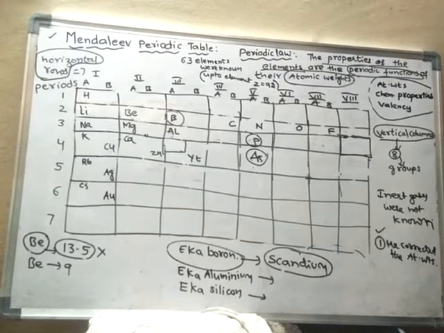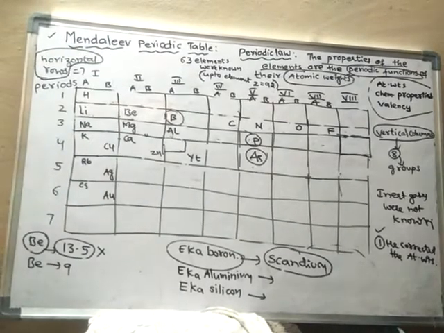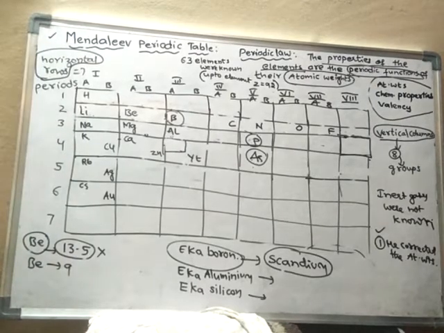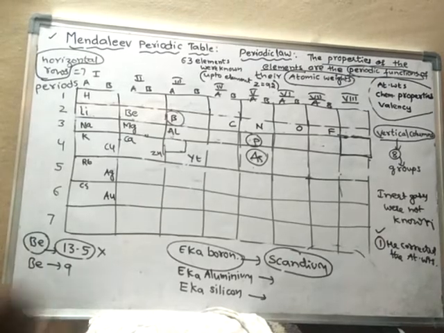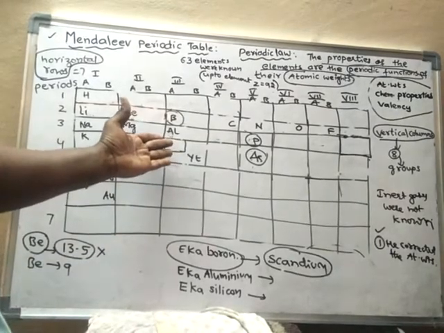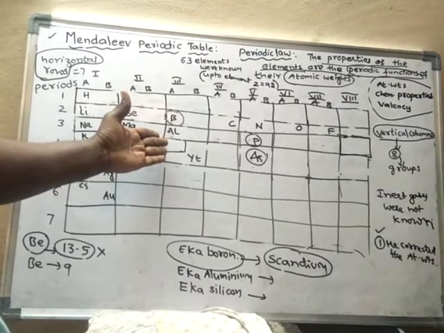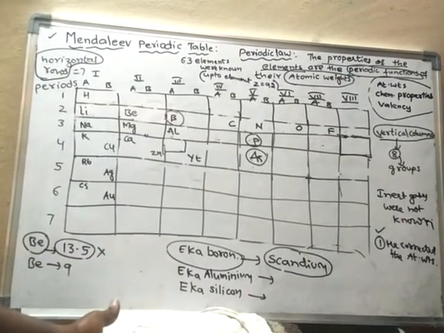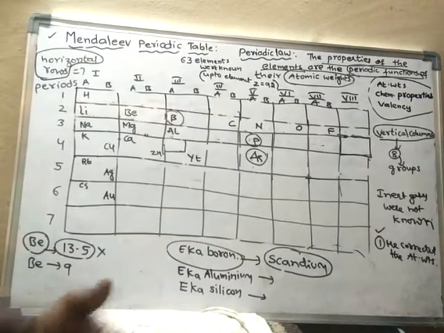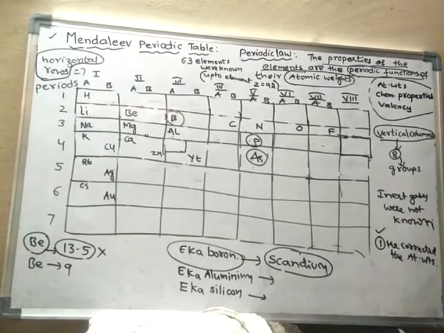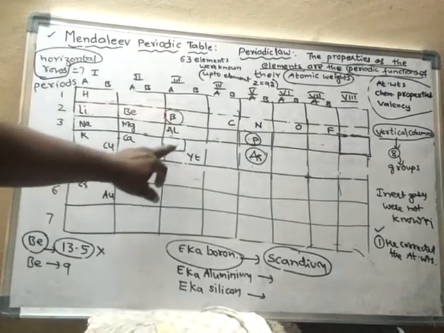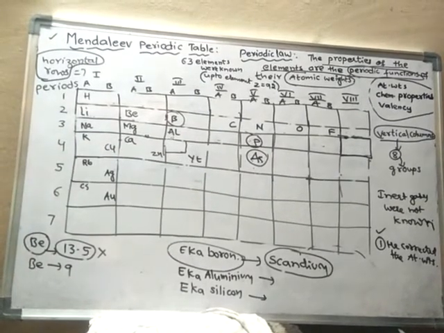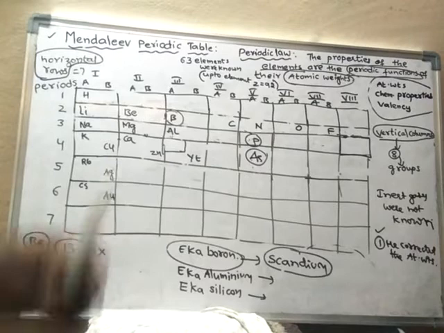That's the accuracy Mendeleev has maintained, and that was the real work Mendeleev has done. It's a tremendous work because the element was not known by the time of Mendeleev, but he gave the properties of the unknown element, and all the properties were exactly matching with the element after its discovery. So it was a very great thing.